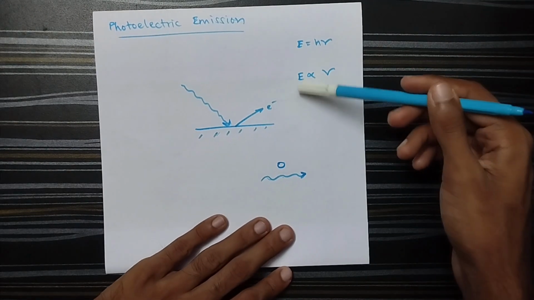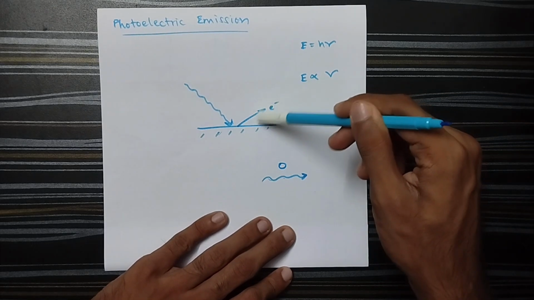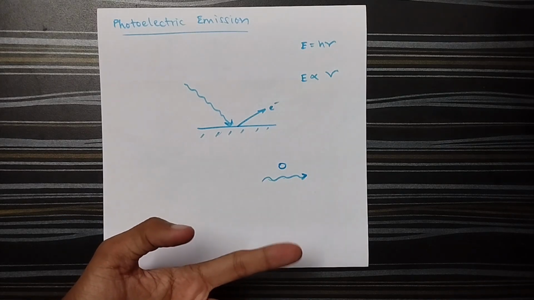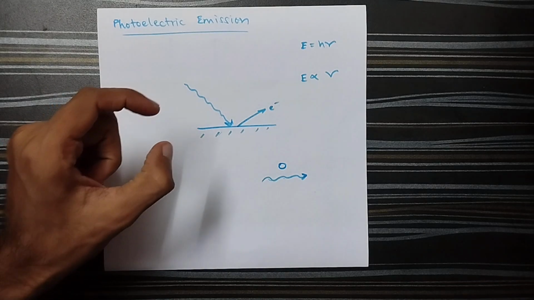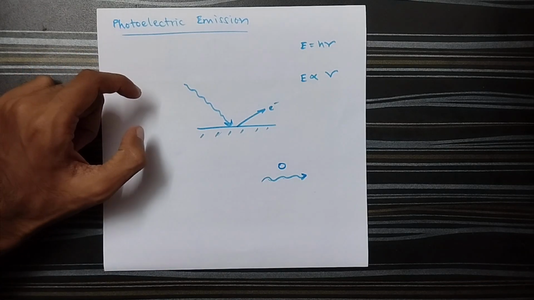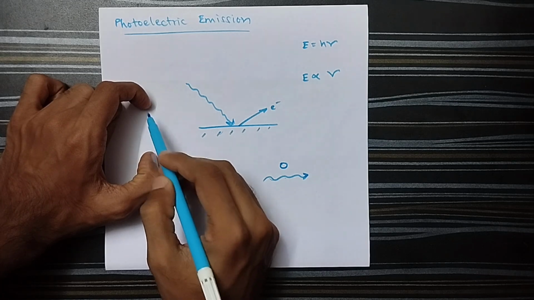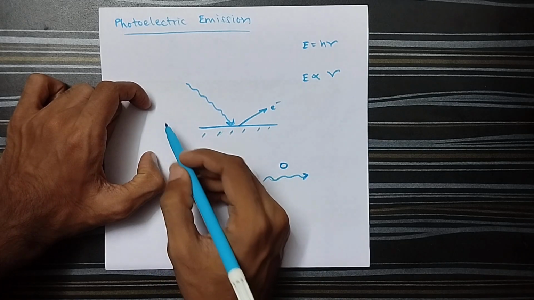So what is the energy here? Energy here is the work function of this metal to eject the electron out. What is work function? Work function is the minimum amount of energy required to eject this electron, right? So to eject the electron, we needed some amount of energy. That fixed amount of energy is called work function. To get that energy, this light should have that particular frequency, right?